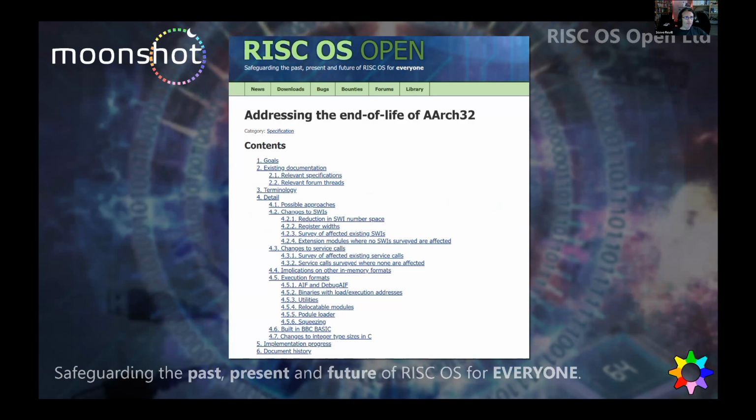So what are all the things that would need to change, or that we know would break, or even we might want to add to allow RISC OS to work natively in 64-bit? And it's quite a long list. There's several pages on the wiki dedicated to this, and you can find it if you want. I could share a link later, but it's quite deeply technical, that side of it.